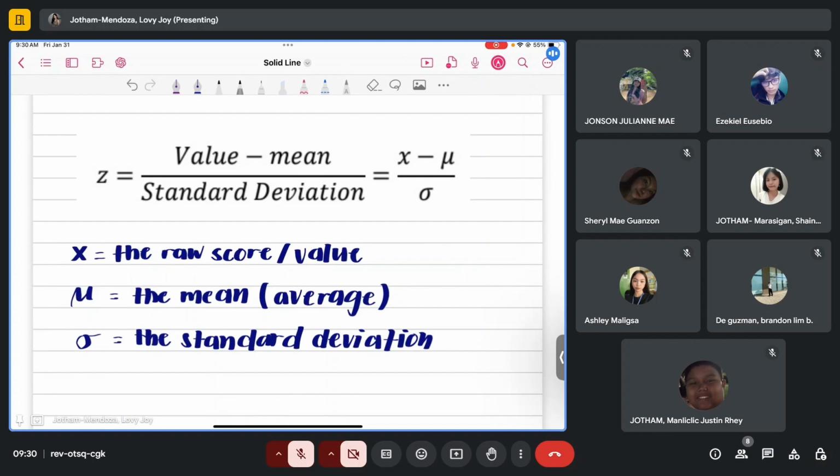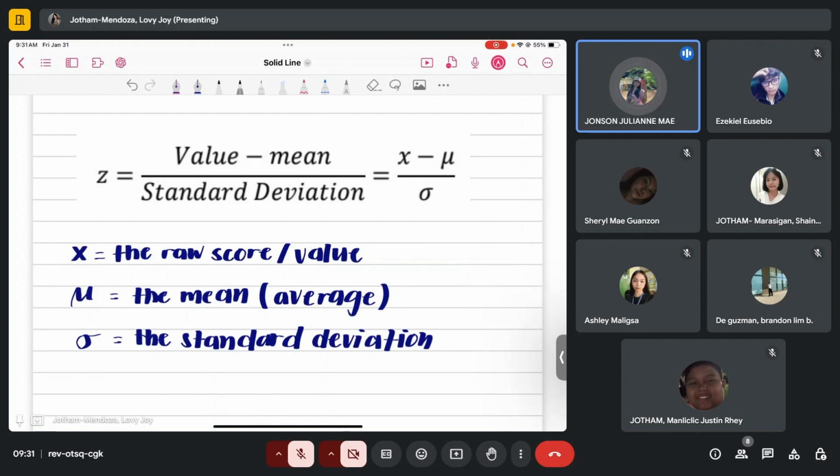The z-score tells us how far a value is from the average in terms of standard deviation. If z equals 0, the value is exactly the average. If z is equal to 1, it is one standard deviation above the mean, and so on.